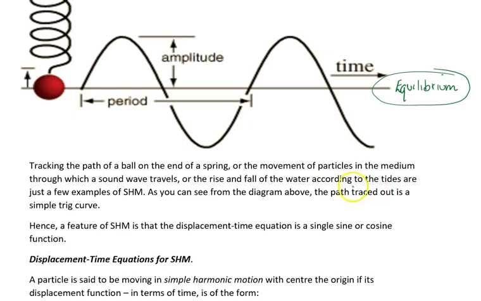And you'll often get a question about tides, so just be aware that if it's a question involving the tide, then it will be referring to simple harmonic motion. And because the particles follow this nice wave pattern, then we'll expect that the functions are trig functions.